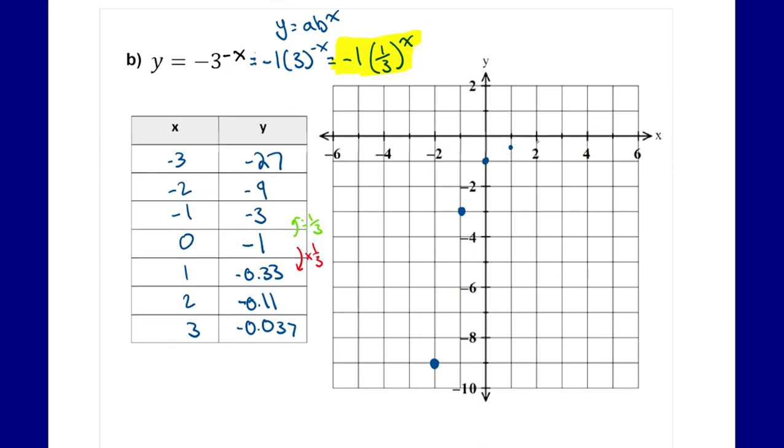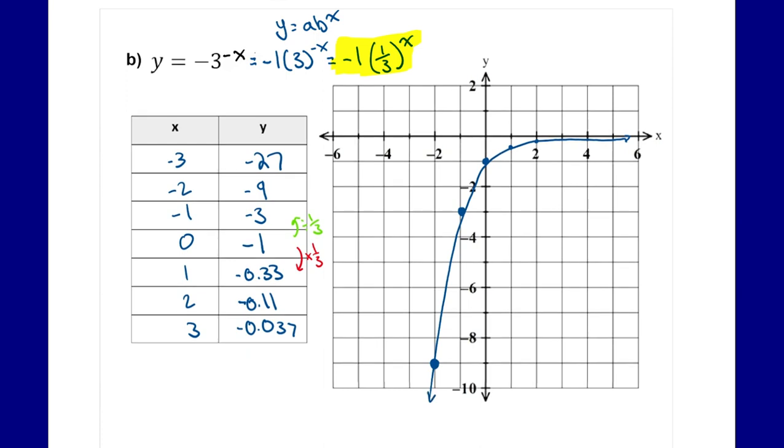And 2 and negative 0.11. I'm not going to be able to do 3 and negative 0.037. That's just too close to the x-axis. So I can sketch what I have right now. And we should again note that it's going to get very, very close to the x-axis.